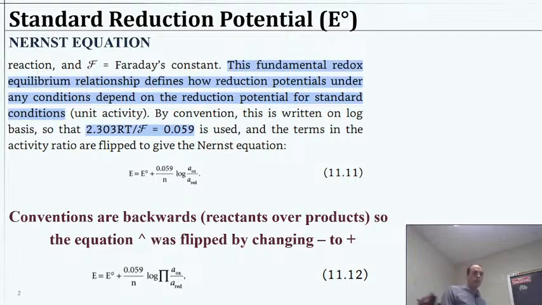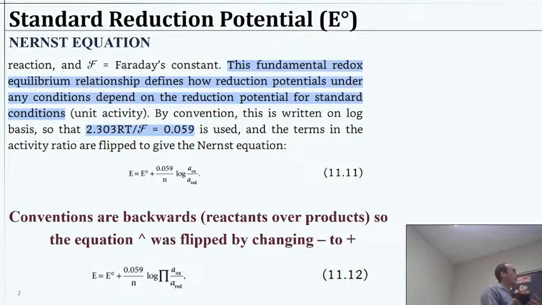So we also talked briefly about the relationship here. We can derive it, and we can reformulate it into a log form that lets us relate to a log K, as we've seen. Going from a natural log to a log, that's the 2.303.